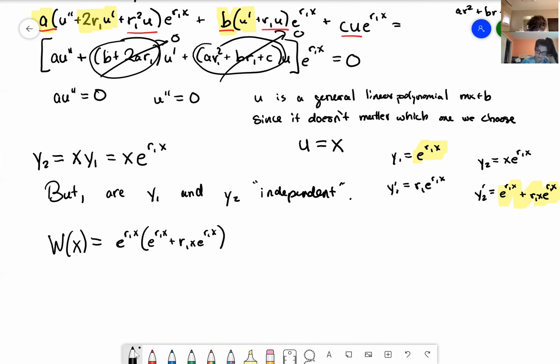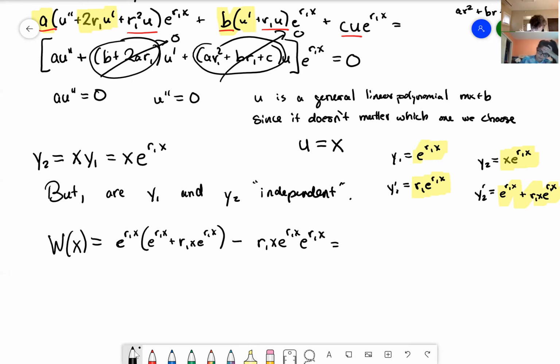And we can rewrite that in a simpler way in just a second. So then it will be minus this times this, so minus r1x e to the r1x times e to the r1x.